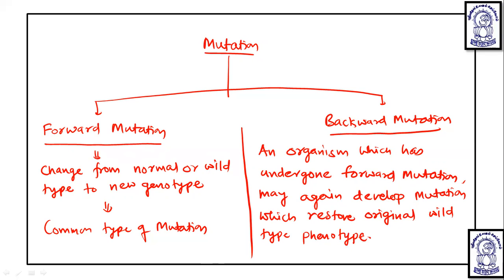Then this reversal mutation is known as backward mutation or reverse mutation. Why? Because it is re-establishing the original one. So this is the forward and backward mutation.